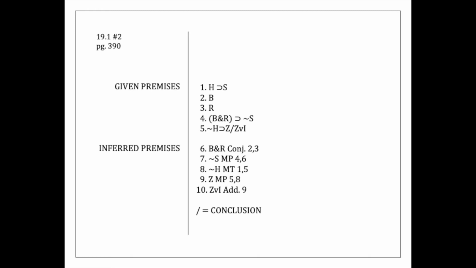So we can infer not H based on the modus tollens rule, premises 1 and 7. Not H is the antecedent of the conditional in premise 5. So based on our inference in premise 8, we can infer Z, modus ponens, 5 and 8.